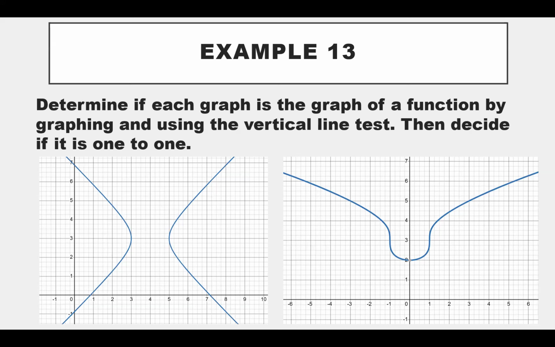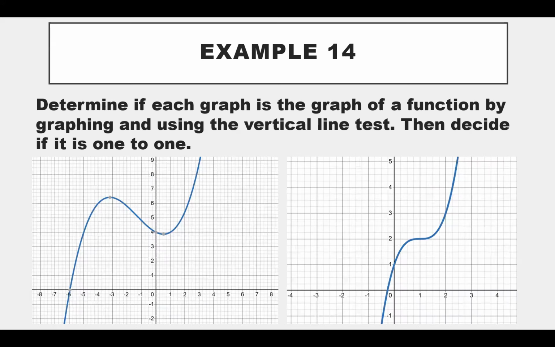That's how I can use the vertical line test and the horizontal line test to see if, first, the graph represents a function. That's the vertical line test. And second, to see if the graph is one-to-one, or if the function was one-to-one, that would be the horizontal line test. So vertical line test tests for functions. Horizontal line tests for one-to-one.